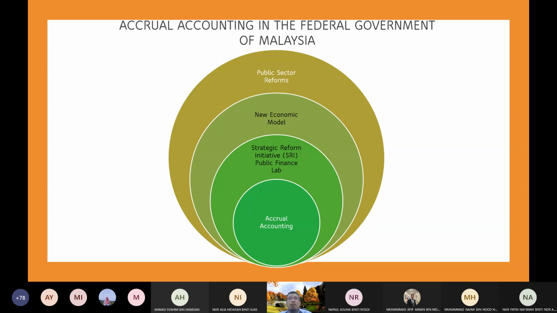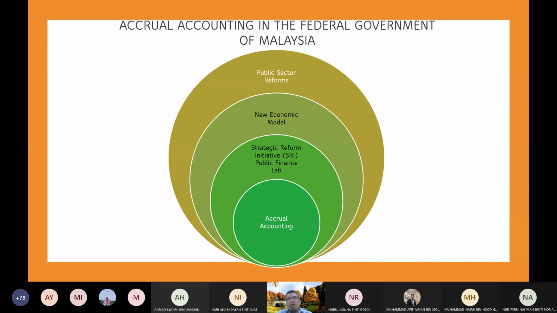But of course, the initiation to adopt accrual accounting has been there for the past 10 years. Not only from the time of the current government and the PH, even before PH, Datuk Seri Najib, and even before that, from the time of Pak Lah as Prime Minister.